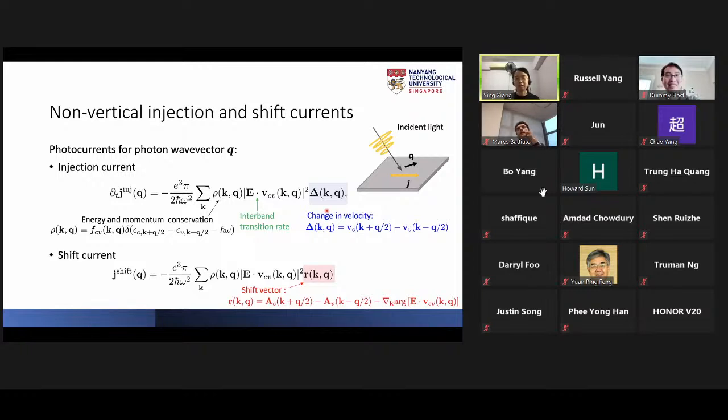If the electrons do not encounter any scattering, then we can have larger and larger change in velocity for these electrons, and as time goes on, we will have increasing injection current as a function of time. However, this is not possible in real systems because the electrons can undergo scattering.